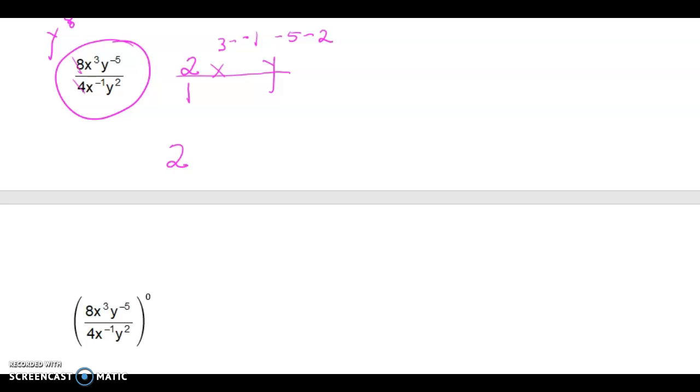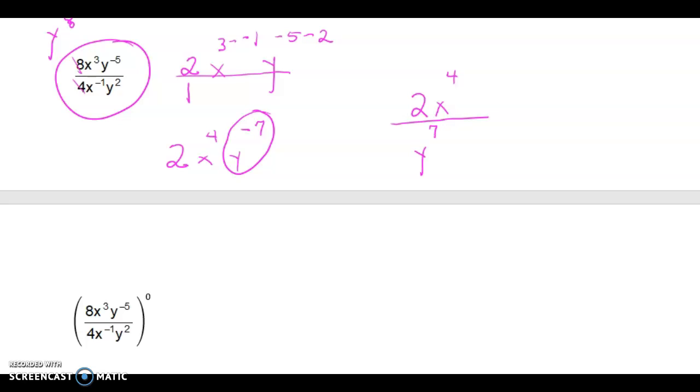So that would give us 2x to the fourth power, y to the negative 7 power. We never like to leave negative powers, so this one's going to drop down. Our final answer is going to be 2x to the positive 4 over y to the positive 7.